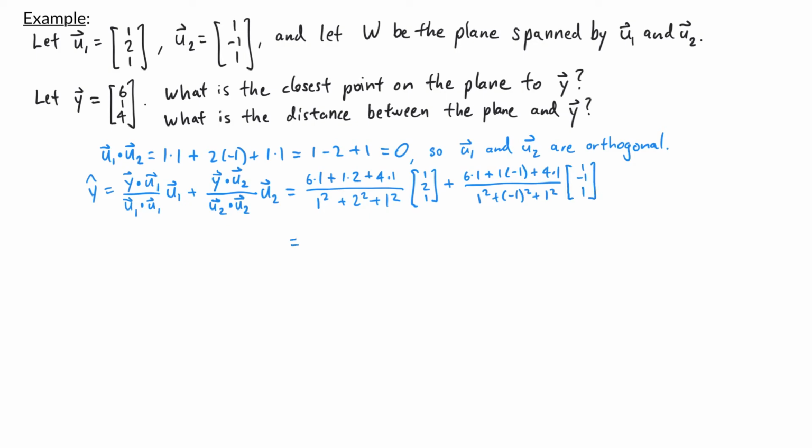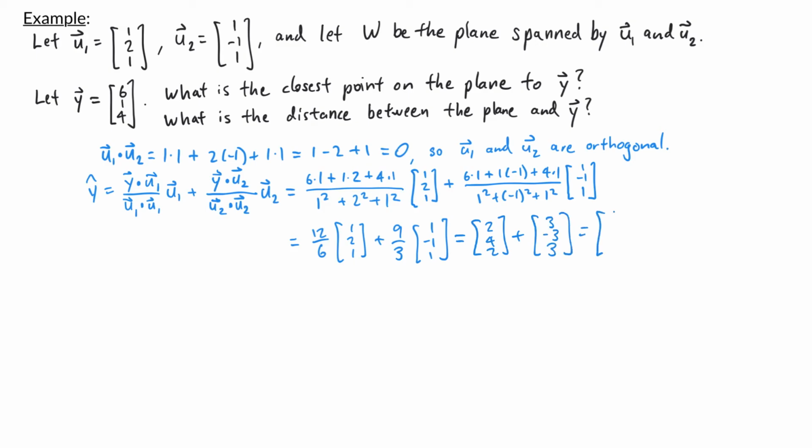Simplifying this, we get 12 over 6 times 1, 2, 1 plus 9 over 3 times 1, negative 1, 1. So we have the vector 2, 4, 2 plus the vector 3, negative 3, 3, and that sum is 5, 1, 5. So the point on the plane that's closest to y is the point 5, 1, 5. If I want to find the distance between the plane and y, I would need to find the orthogonal component.